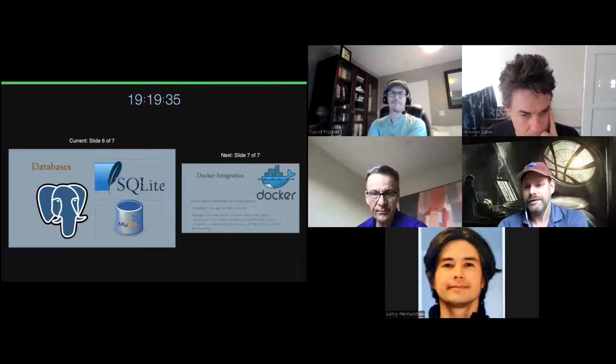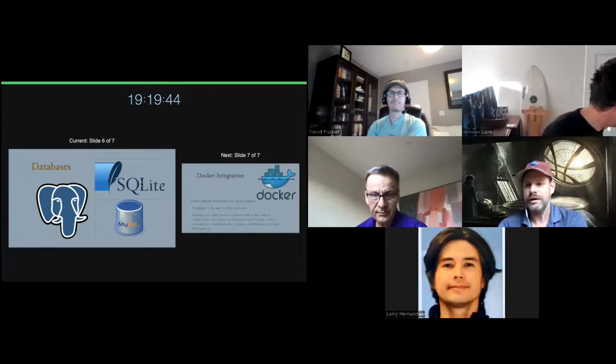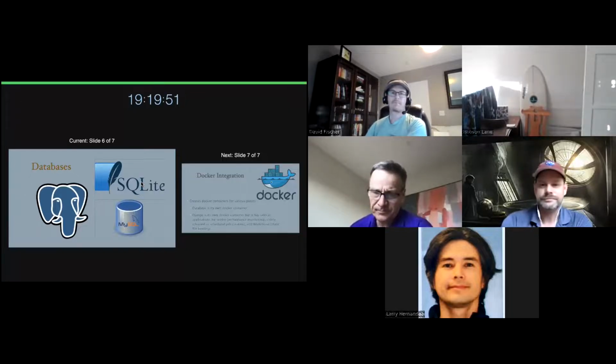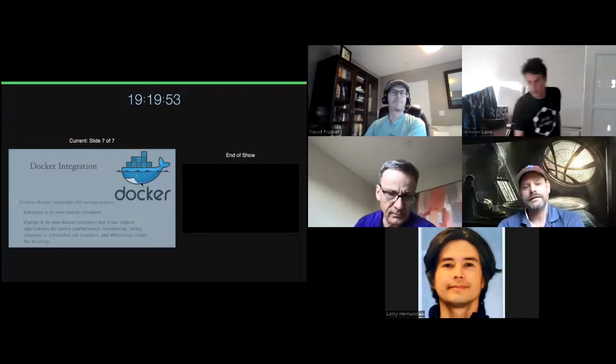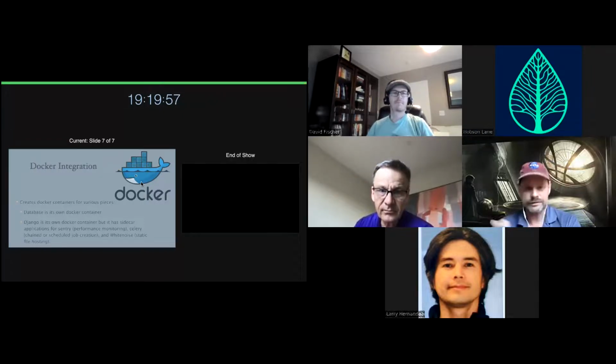It has different databases already configured. Postgres, or SQLite is kind of the default. You can use Postgres or MySQL or any one of the other enterprise applications, things like Amazon RDS. It has Docker integration. You don't have to use Docker integration, but it's nice that it's there.